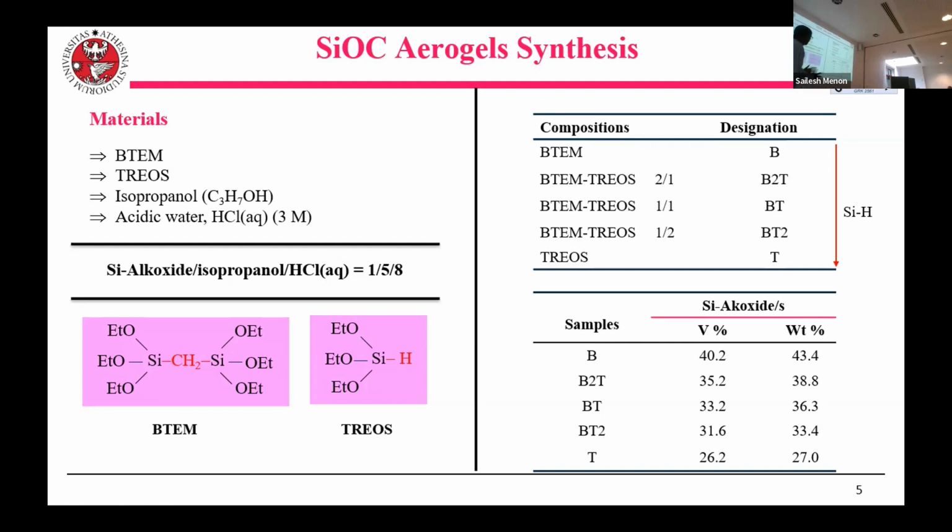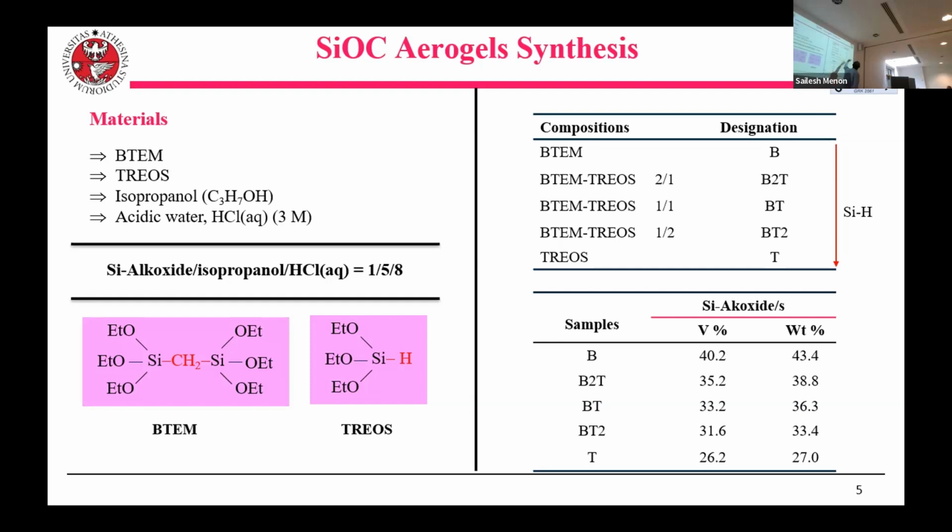For our purpose, we want to study the effect of composition on the different properties. That means we want to see the effect of composition on the bulk density and the porosity, and even the thermal conductivity. Therefore, we chose 5 different compositions: pure BTM and pure TRIS samples, and 3 hybrid systems with BTM to TRIS ratios of 2:1, 1:1, and 1:2.